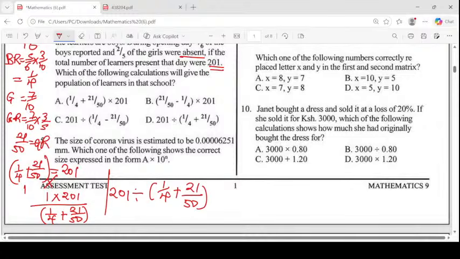This is now the calculation that will give the total number of learners in that school, which is exactly choice D for dog. Choice D for dog matches what we've gotten in our computation.